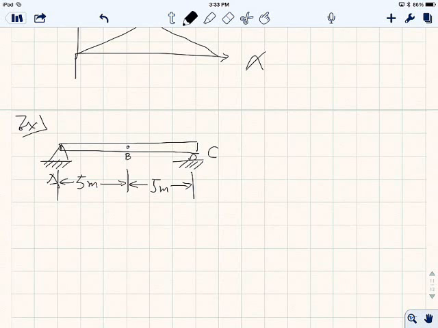So basically point B is right in the center of this beam AC. Now from point A to point B, there's a distributed load.